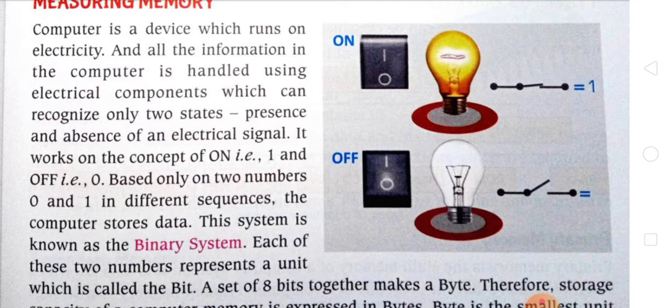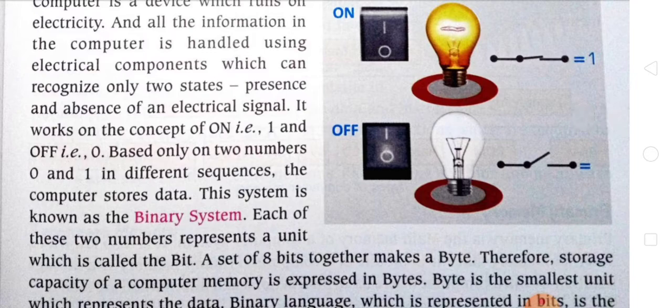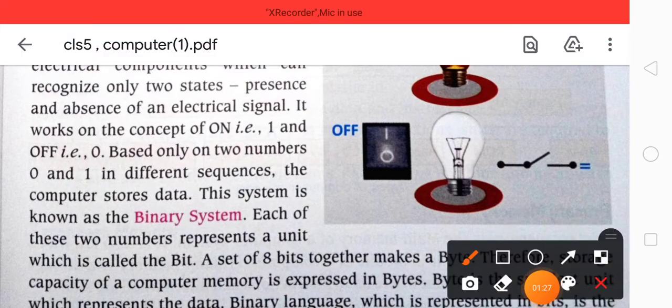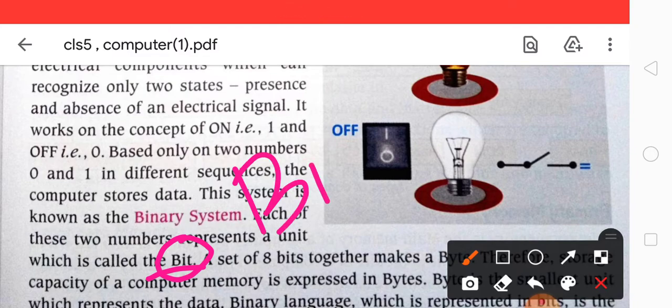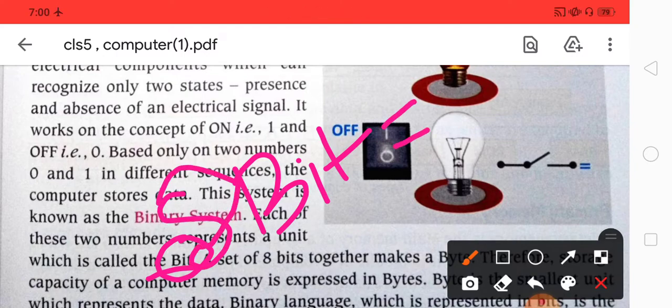Each of these two numbers represents a unit which is called a bit, B-I-T, bit. A set of 8 bits equals 1 byte.